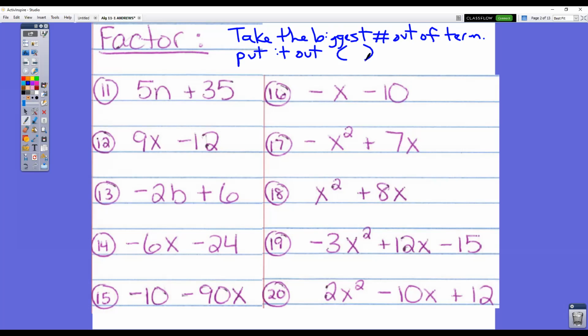So if you take a look at a question like number 11, where we have 5n plus 35, what's the biggest number that goes into 5 and 35? 5, right? They have a 5 in common.